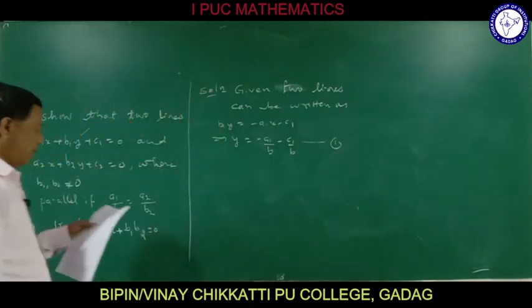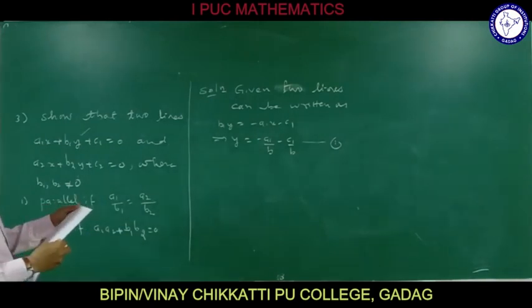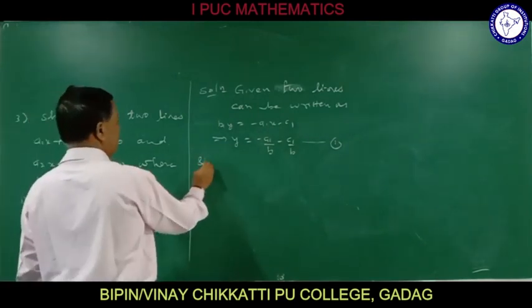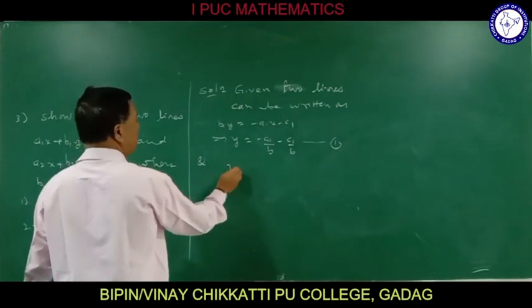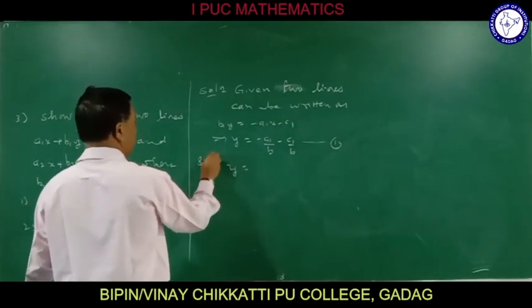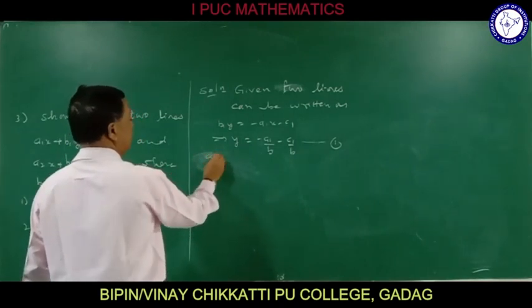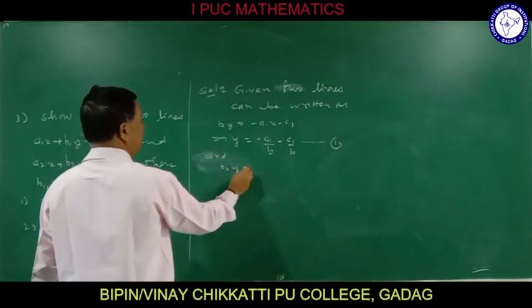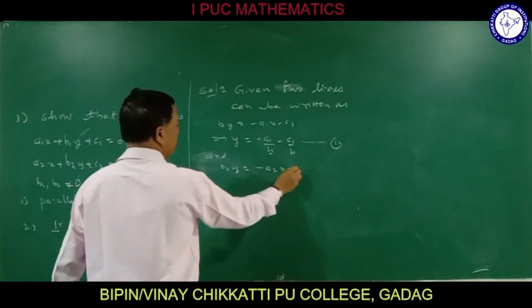That general form can be written in the form of slope intercept form. And the second one, similarly, b2y is equal to minus a2x minus c2.